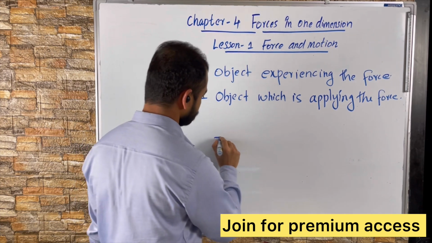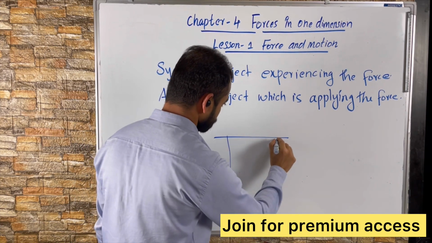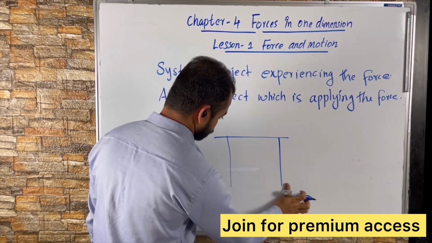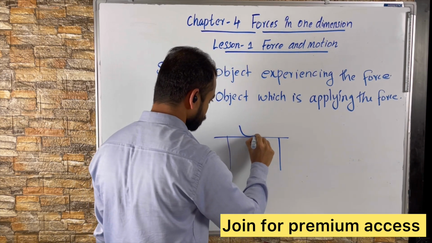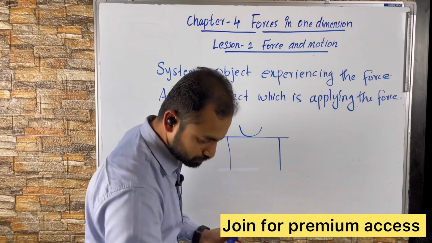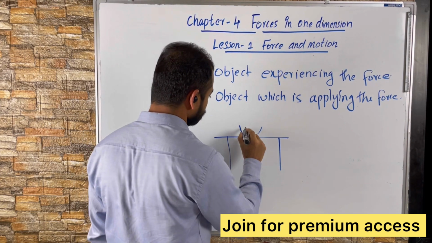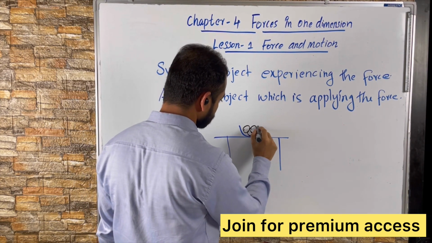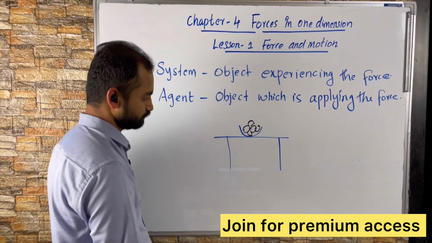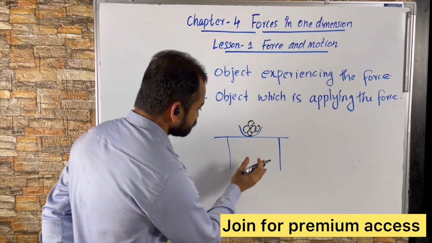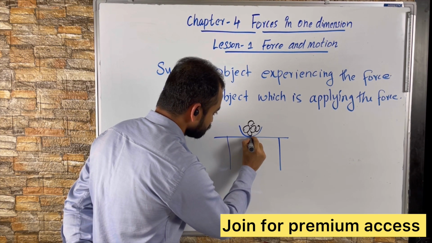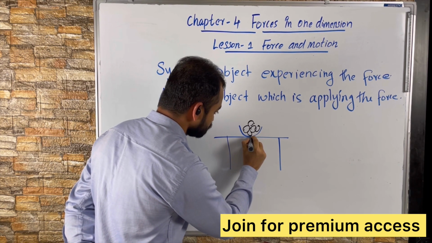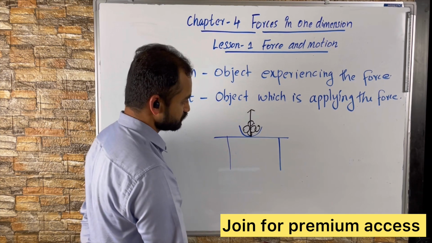Okay, for example, here there is a table. On this table there is a bowl, in this bowl there are some fruits, for example apple, orange. So here the table will push this bowl upward, right? Correct?